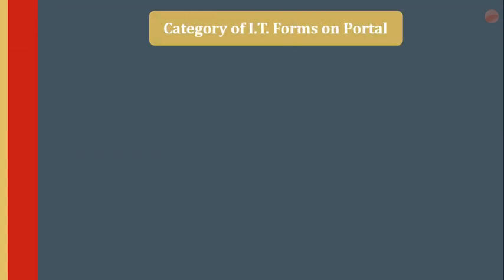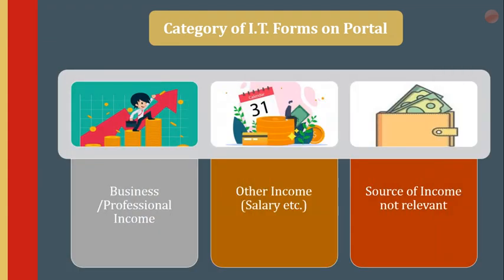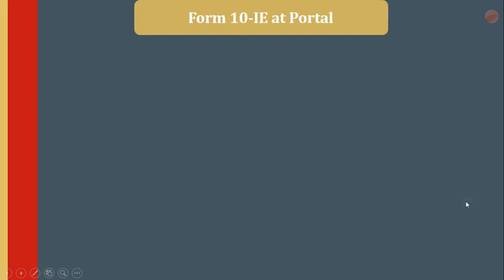Now let us see how the filing of Form 10IE is to be done. Let us see what the categories of forms are in the portal. They are divided into three categories: business forms related to the person who is carrying on business or professional income, and other persons who have other income like salary, income from house property, etc., but not business and professional income, and some other forms for which the source of income is not relevant.